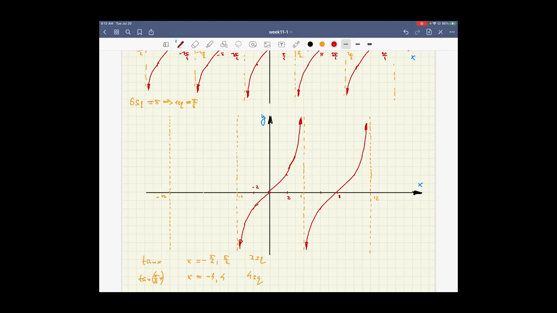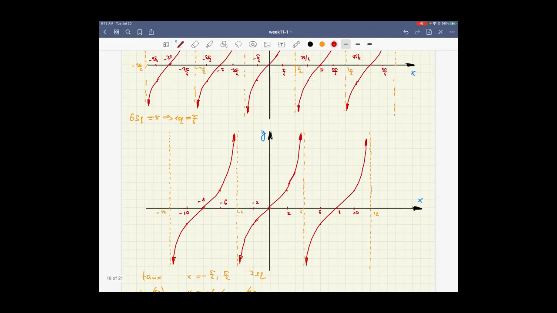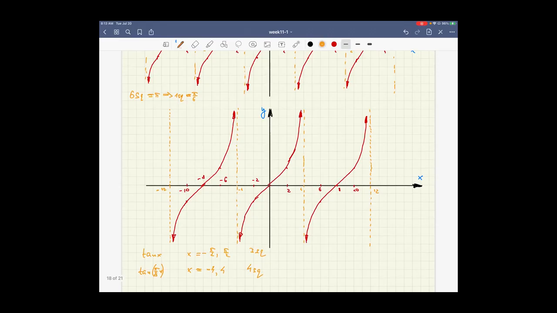This point is 6 and this point is 10. And this point is -8, this is -6, and this is -10. This time the scale is 1 square is 1 unit.